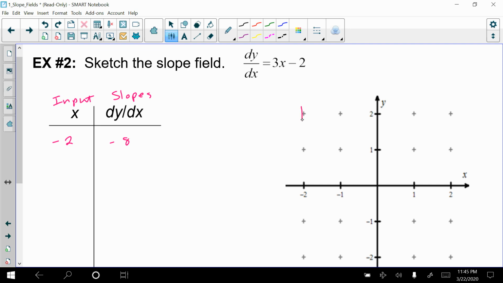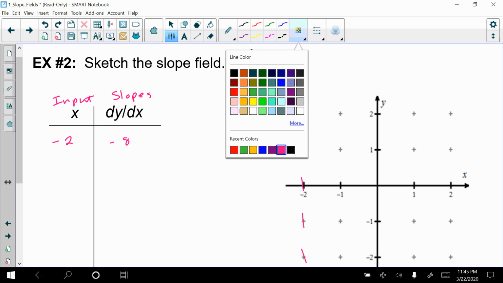So on my slope field, I'm going to draw essentially a vertical line, because the slope of -8 is very steep, and we're not trying to be particularly exact on here, especially because I don't have a straight edge or anything. But we're definitely not going to be able to count a slope of rise over run of 8.